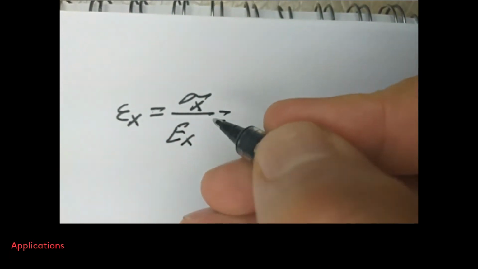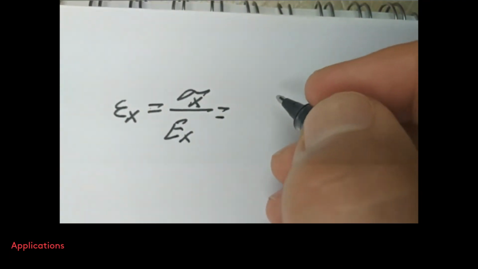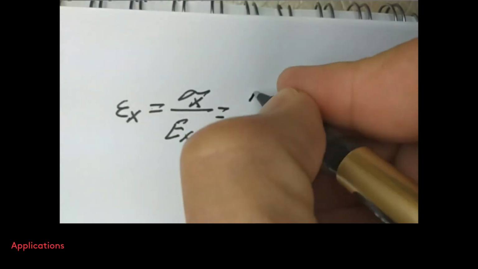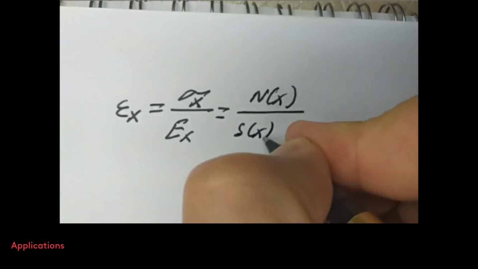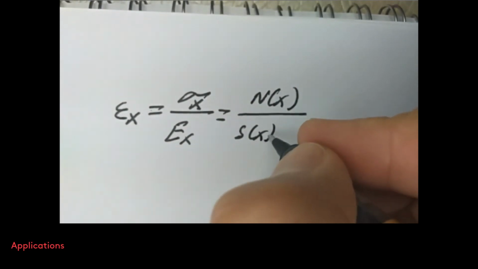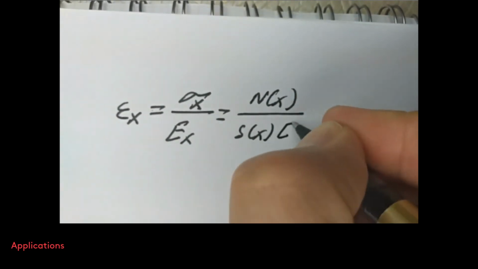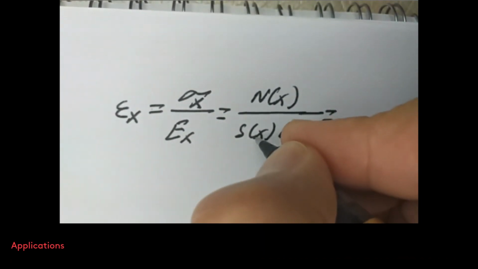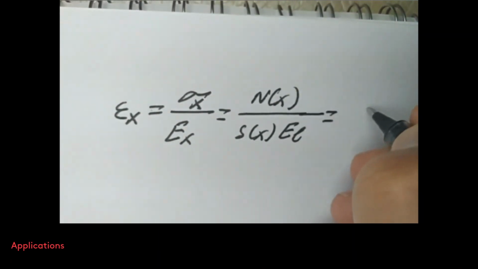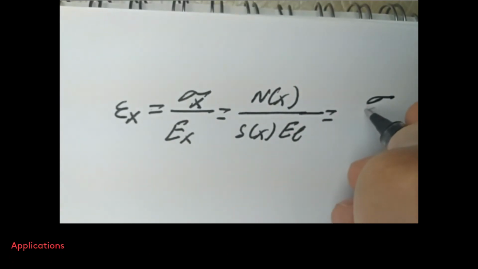So this is equal to n of x divided by s of x multiplied by the EL. We know that n of x divided by s of x is equal to sigma. So this is 1.7 divided by 6 gigapascals, and that is divided by EL.